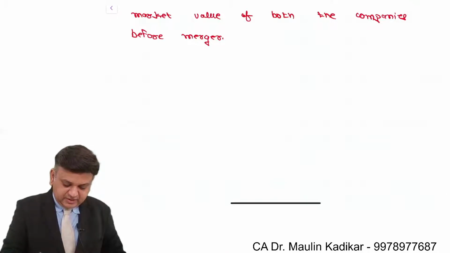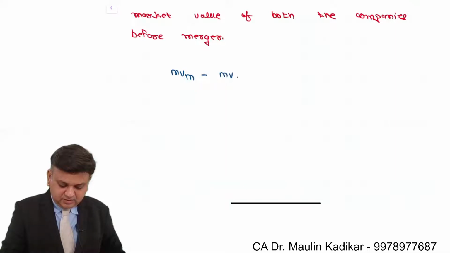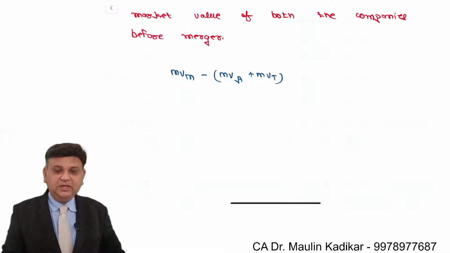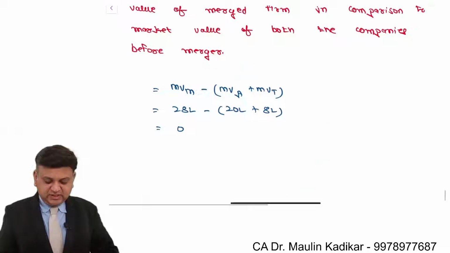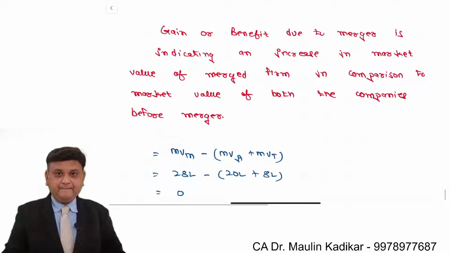So it will be found like this: market value of merged firm minus market value of A plus market value of T. This is the way it is calculated. 28 lakhs minus 20 lakhs plus 8 lakhs. So in this example it is 0.